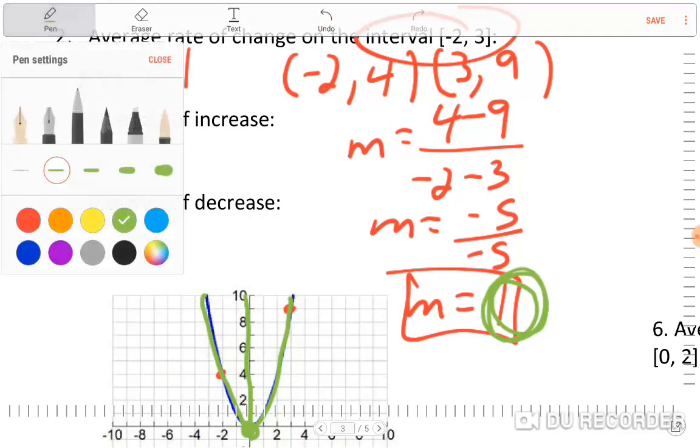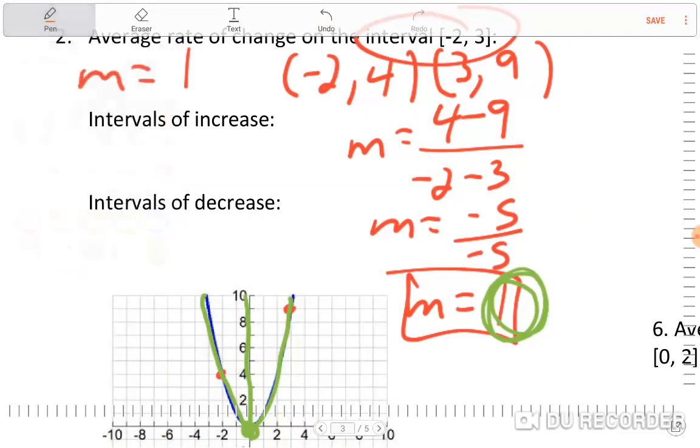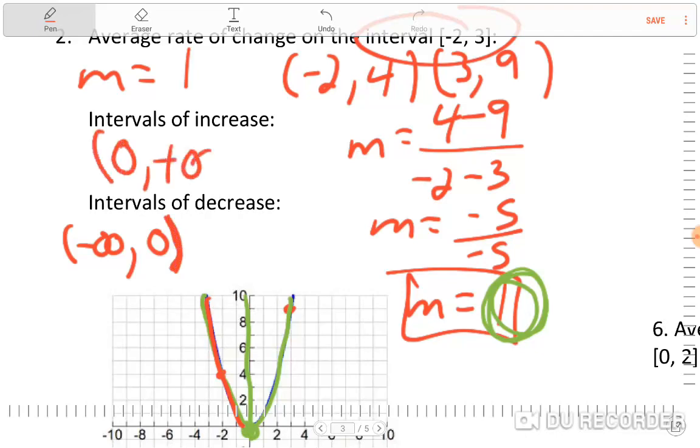So first, we're decreasing. This roller coaster from left to right would be going down. So we'd be going down from negative infinity to 0. But then once we turn around, you can't include the 0. 0 is not part of the decrease. It's also not part of the increase, but that's where you start to increase. And you would go from there to positive infinity.